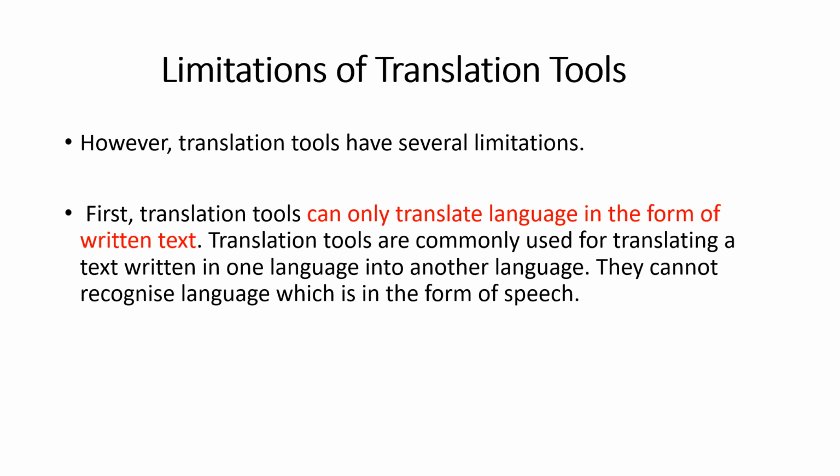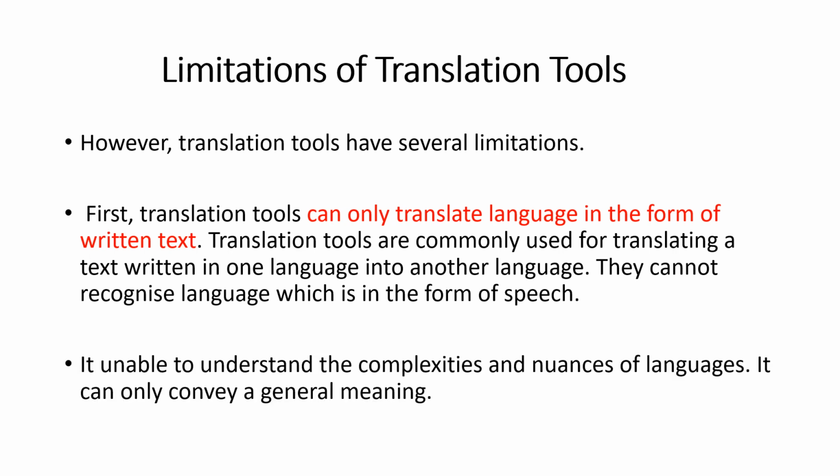They cannot recognize language which is in the form of speech. The second one is that they are unable to understand the complexities and nuances of languages. They can only convey a general meaning. They cannot catch if there is any subtle difference in expression, meaning or response.